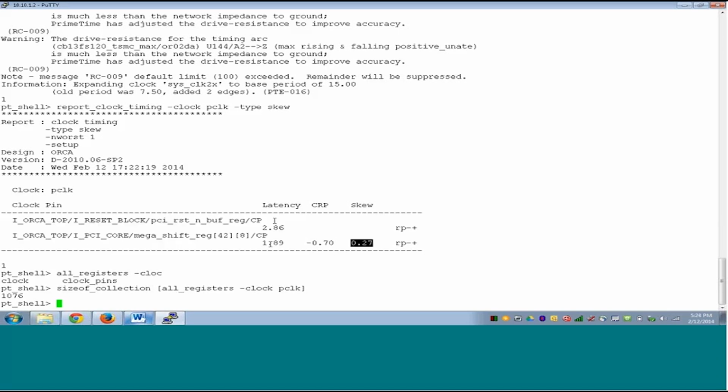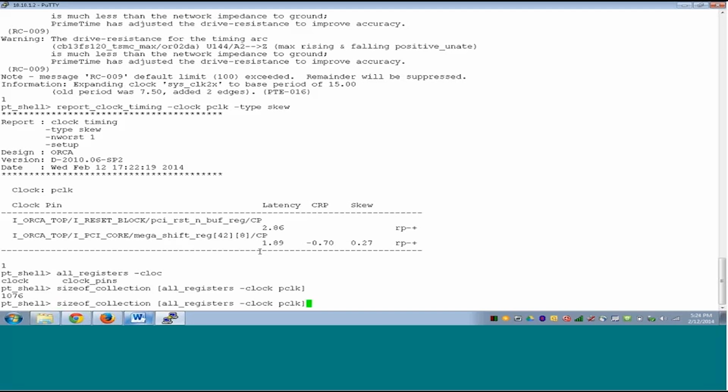Skew is the difference adjusted by the value of CRPR. Here it will tell what the edge is, whether it's rise. P means the clock is propagated, and minus and plus are just the rise edge, the launch and the capture edge. Now with this command you can analyze the quality of the clock tree.